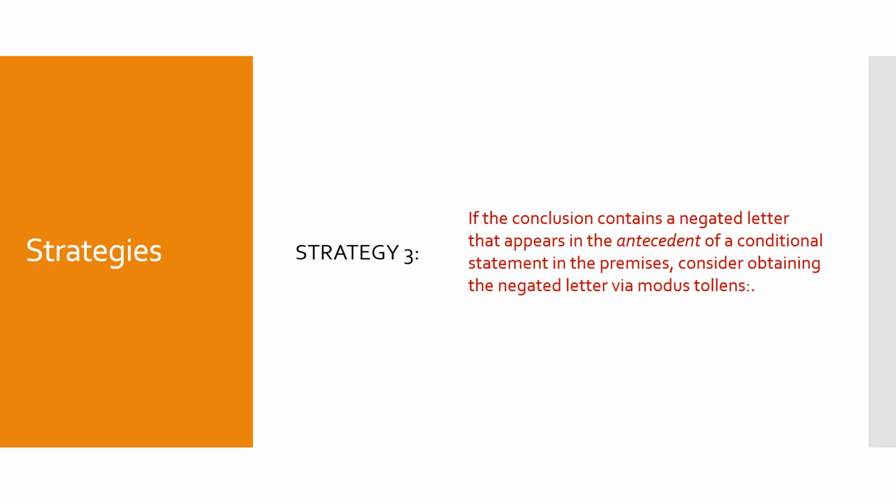The third strategy here deals with our modus tollens, and basically everything here is more or less the opposite. If the conclusion contains a negated letter that appears in the antecedent of a conditional statement in the premise, then we should probably end up using a modus tollens to get to our conclusion.